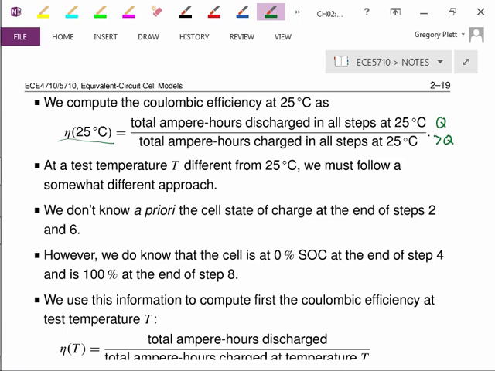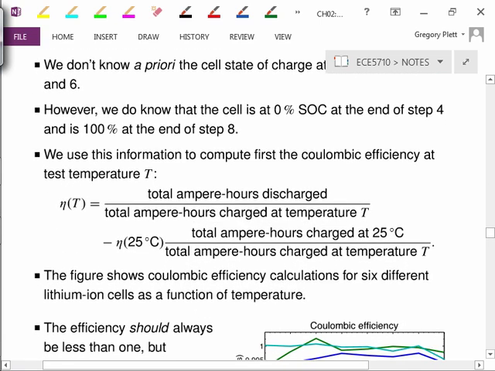And we use this information to compute first the coulombic efficiency at the test temperature T. And the coulombic efficiency then, eta at test temperature T, is the total ampere hours discharged from the cell divided by total ampere hours charged at temperature T, and then minus the efficiency at 25 degrees, which we just computed, times the total ampere hours charged at 25 degrees divided by total ampere hours charged at the test temperature T. You can go through that and figure out why that would be.